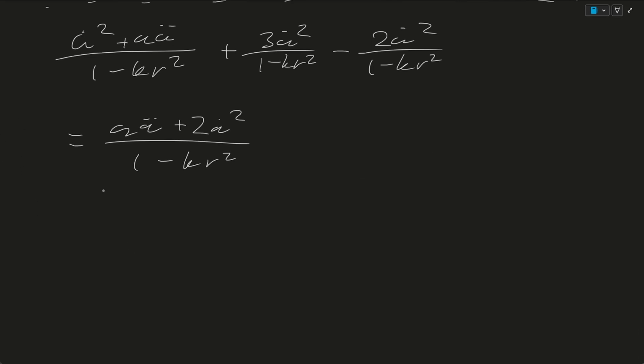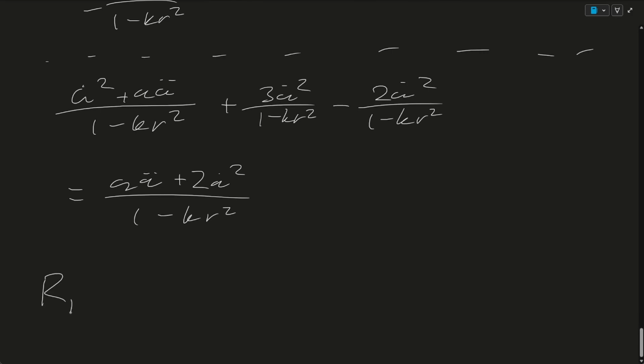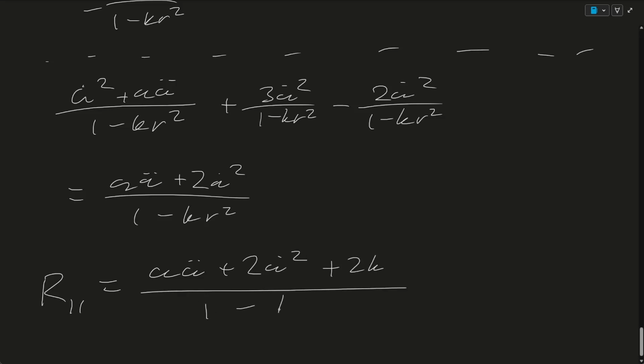So then we just sum those two and they're both over 1 minus kr squared, so R11 is equal to a double dot plus 2a dot squared plus 2k over 1 minus kr squared. Nice.